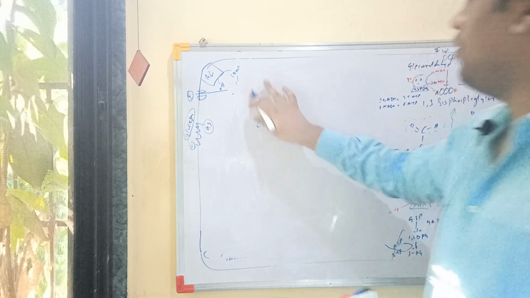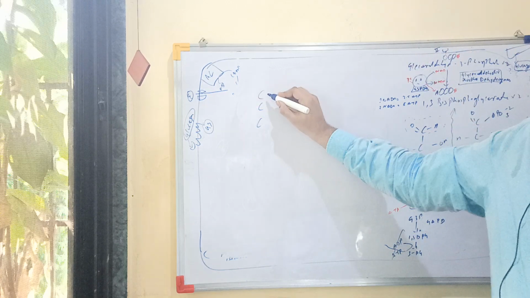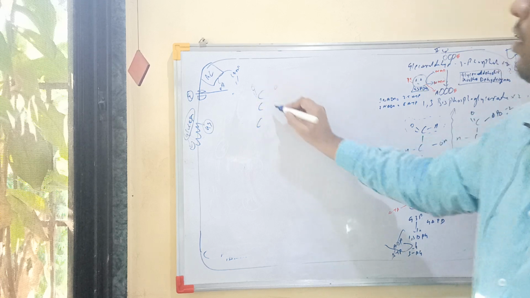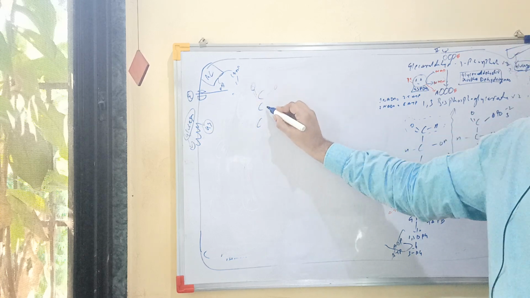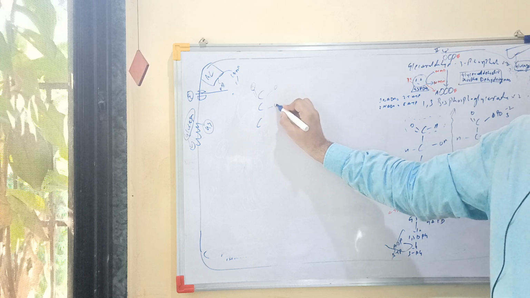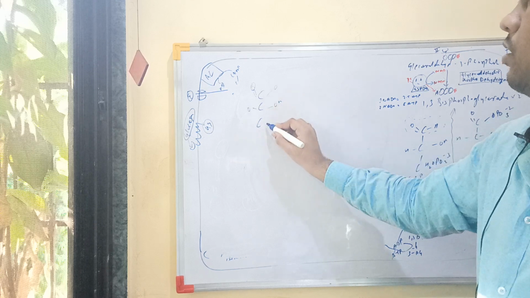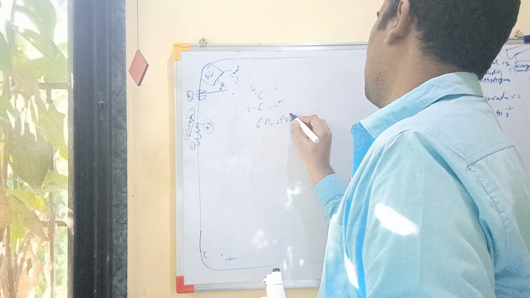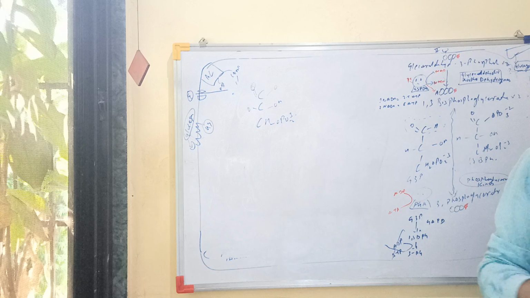Here we are talking about 3-phosphoglycerate, and this 3-phosphoglycerate is also a 3-carbon molecule. And how many 3-phosphoglycerate do we have?